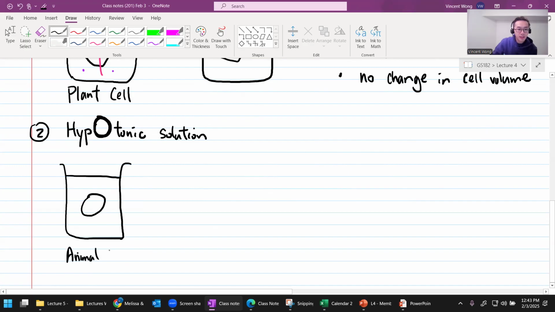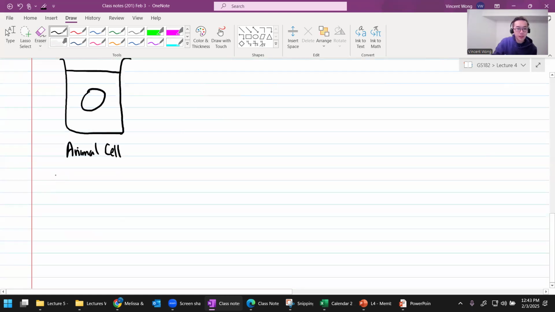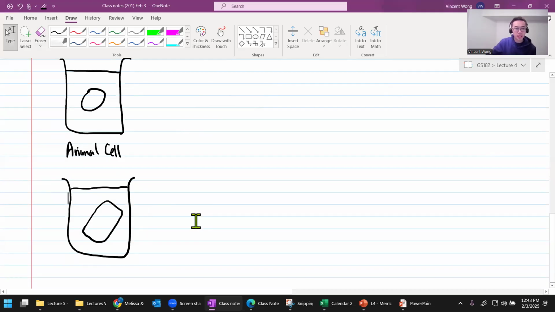Animal cells don't have a cell wall, so they look more like a ball. And we're going to draw the plant cell underneath. Again, for those of you joining a little bit late, these are not to scale. If you put a cell in a beaker, you will definitely not be able to see it with your eyes. Plant cell.